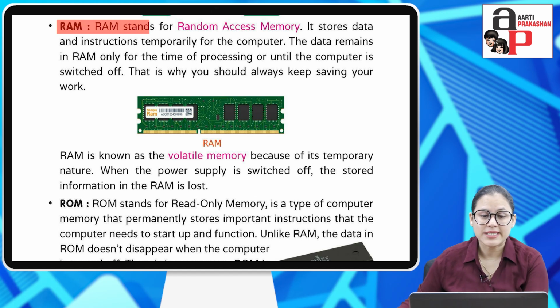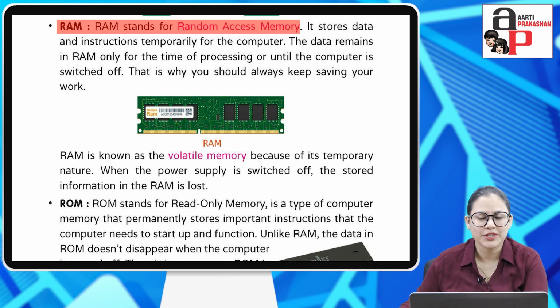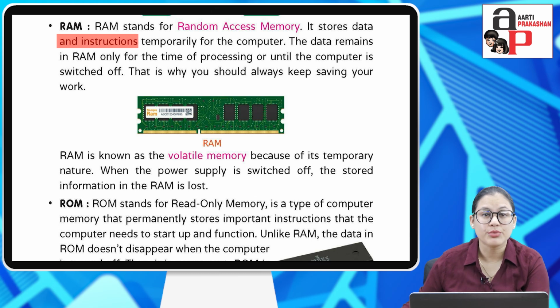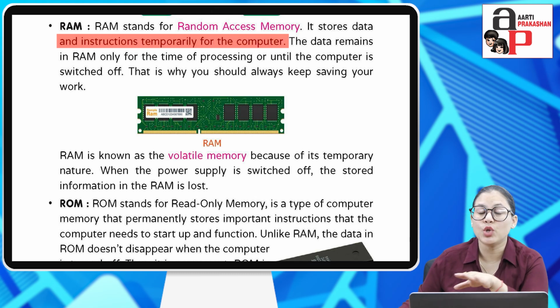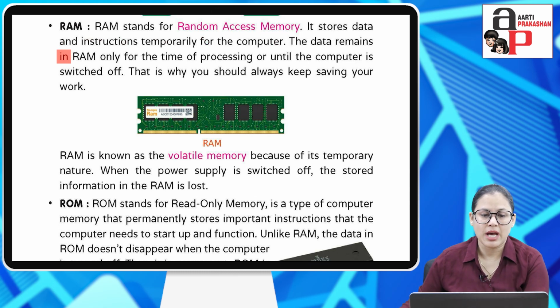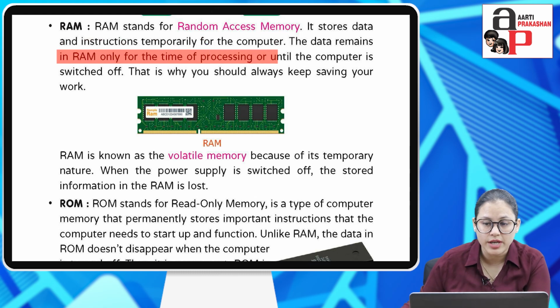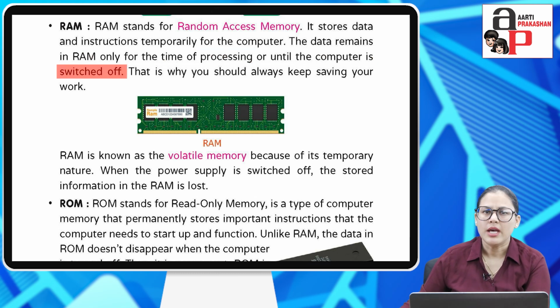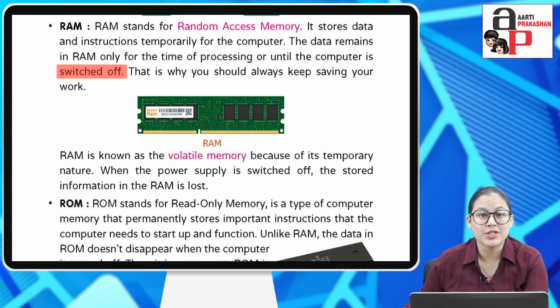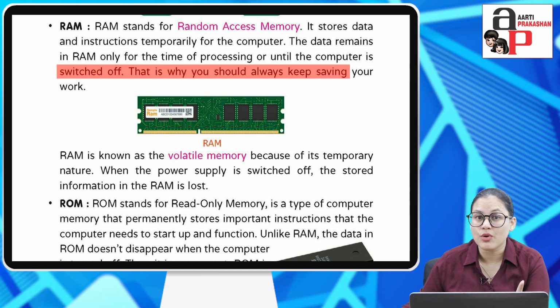RAM stands for Random Access Memory. It stores data and instructions temporarily for the computer. It stores the data but not permanently, only temporarily. The data remains in RAM only for the time of processing or until the computer is switched off. That is why you should always keep saving your work.